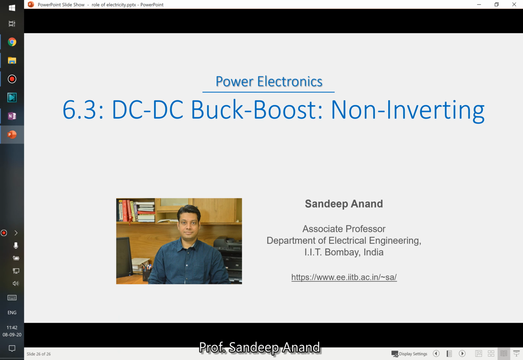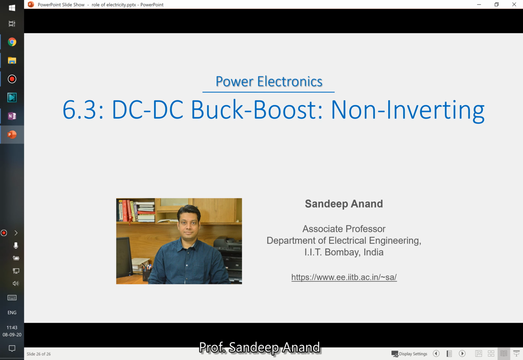Okay, so we saw the circuit topology of the DC to DC buck boost converter, right? The buck boost converter that we saw in some of the previous lectures gave an output which is inverted.